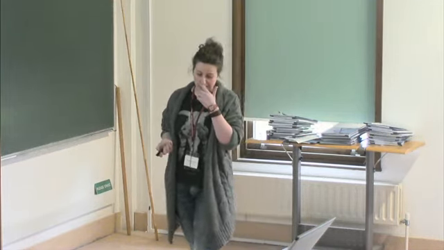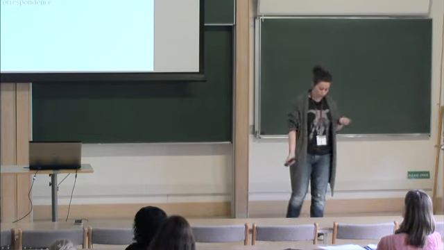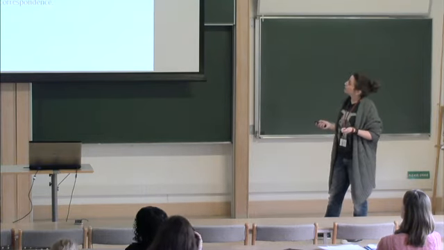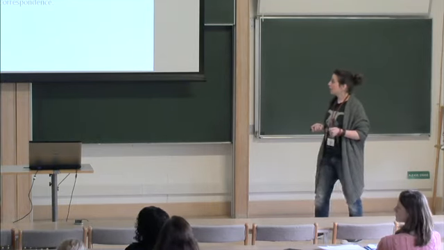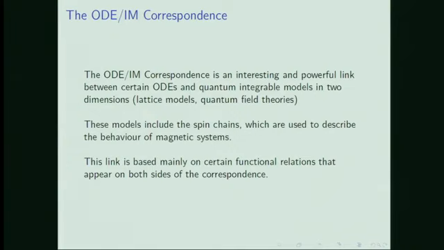It's an interesting correspondence that was discovered not too long ago between certain ordinary differential equations defined in the complex plane and certain quantum integrable models in 2 dimensions. These quantum integrable models are spin chain-like models, and they are used to describe the behavior of magnetic systems, because we have the spin variable in there.